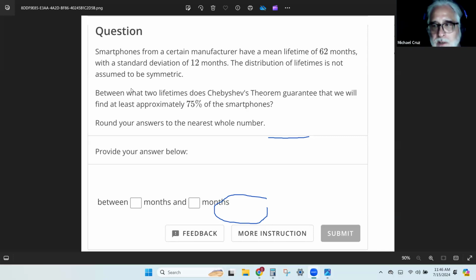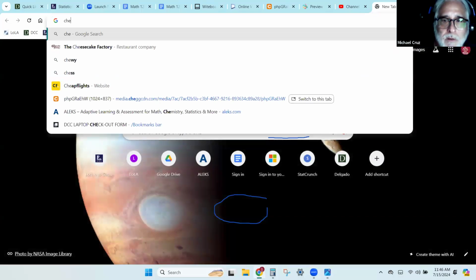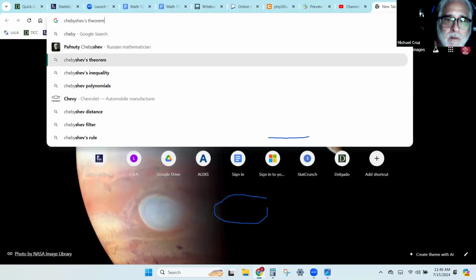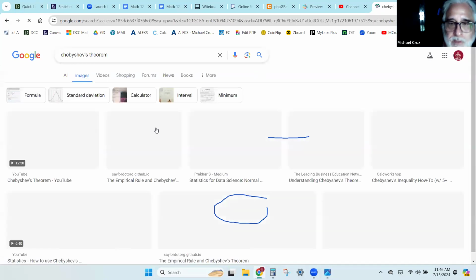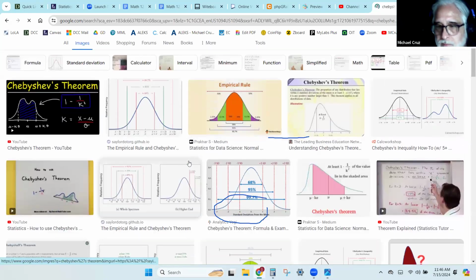So it essentially works like this. Let's see, one standard deviation, I think. I've got to look it up real quick to make sure.